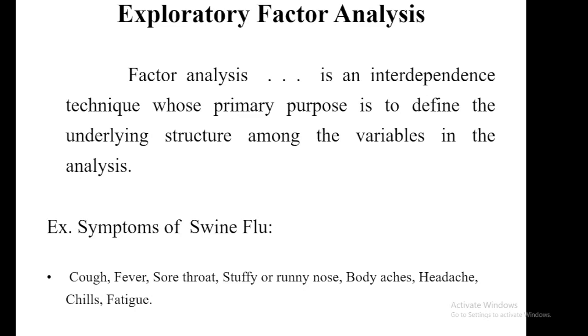So, through factor analysis, we can find the latent phenomena on the basis of several indicators. For example, directly we cannot find a person who has the swine flu unless he tells the symptoms of the swine flu like cough, fever, sore throat, stuffy or runny nose, body headache, chills, fatigue.